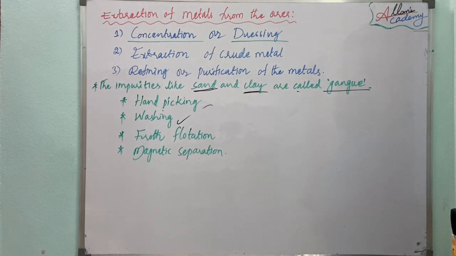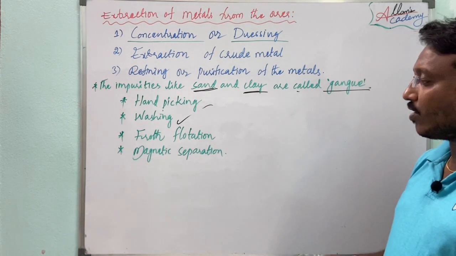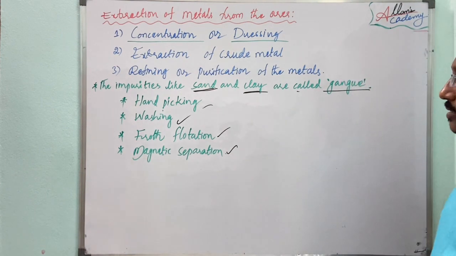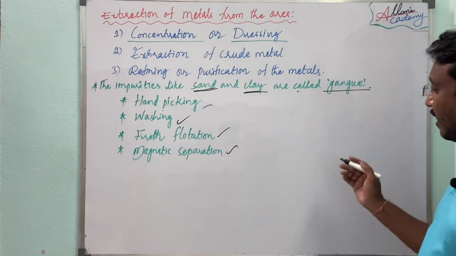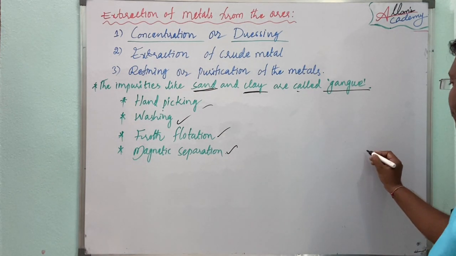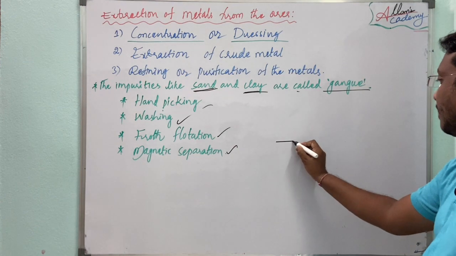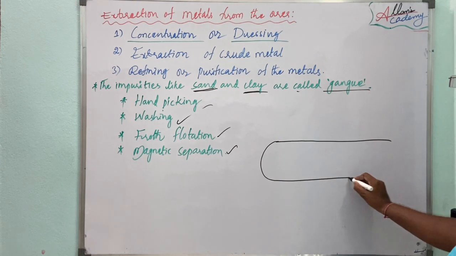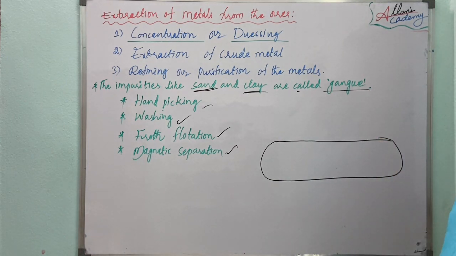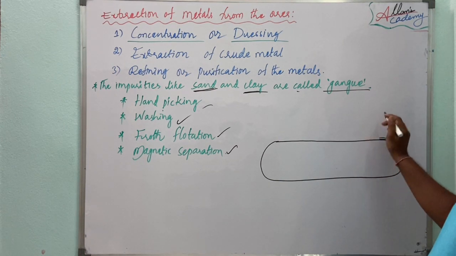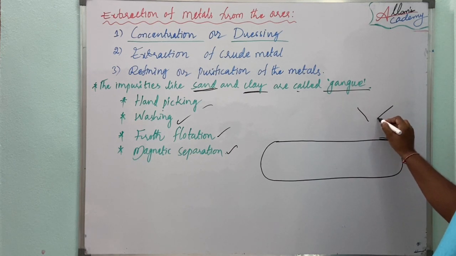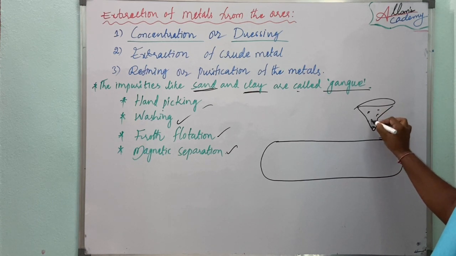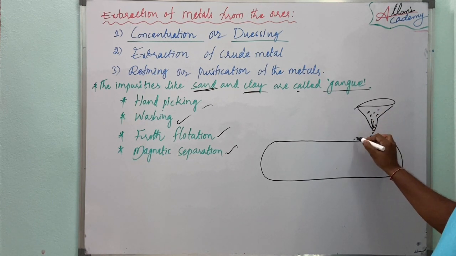Here we have one more type of dressing method called magnetic separation. We have completed flotation, no? Magnetic separation contains a belt, like this, and finely powdered ore is dropped on it.